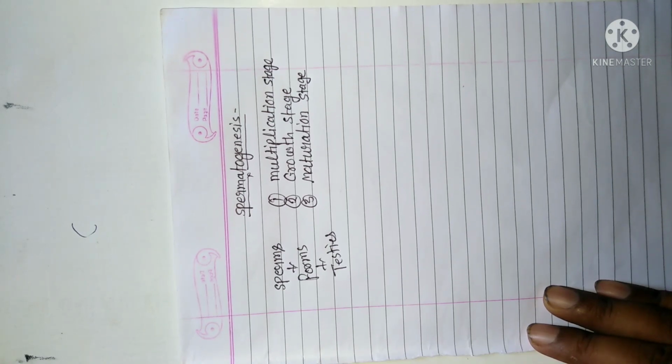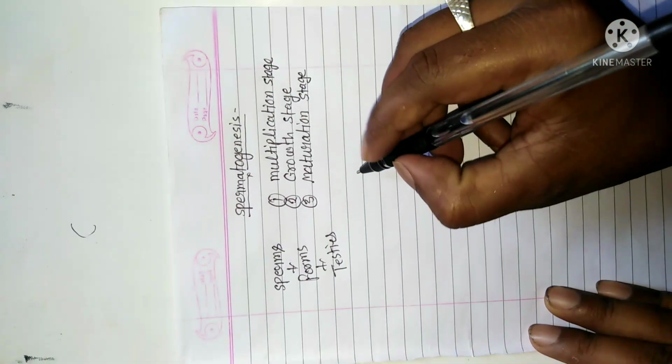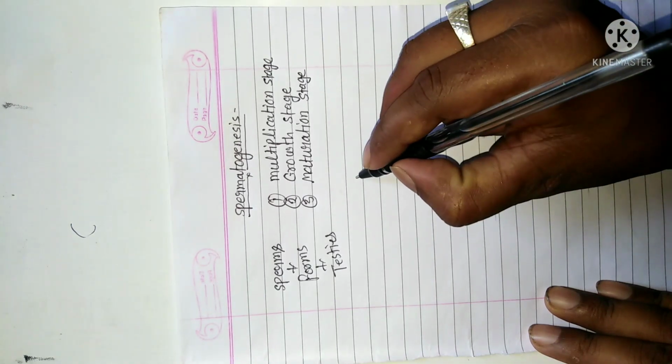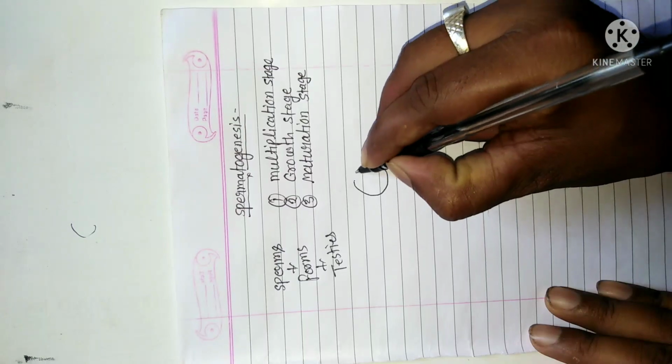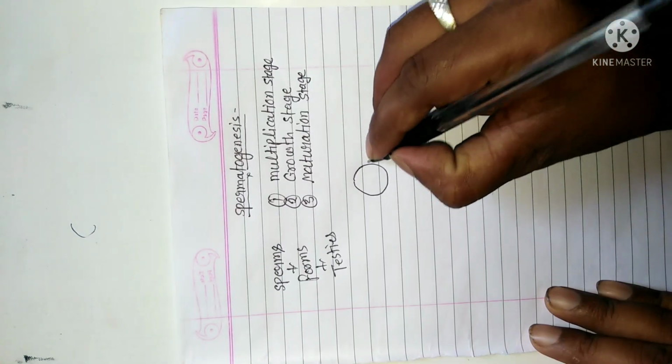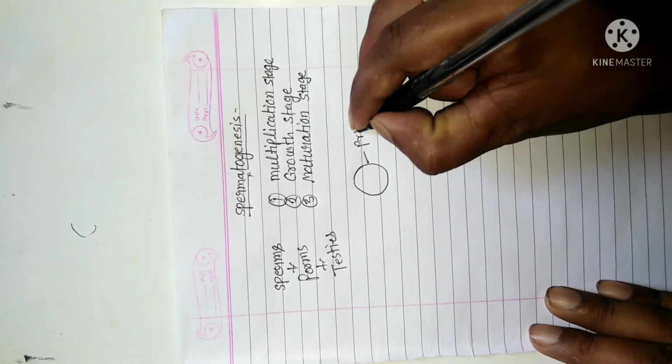Next, we will study the diagram of the spermatogenesis process. There is a cell which is called primary germ cell.